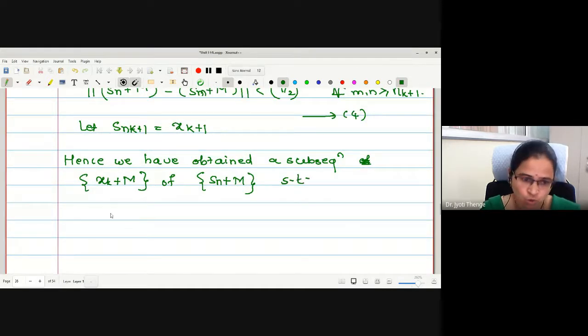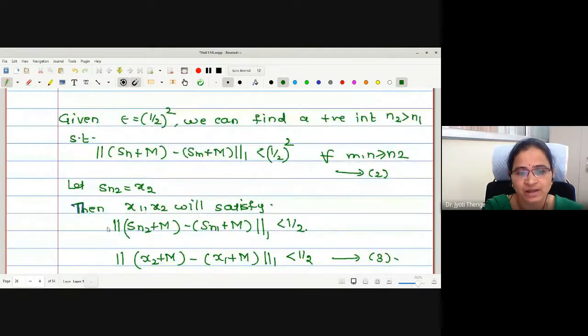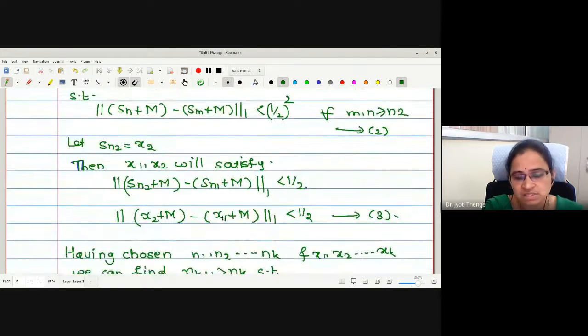the norm of xk plus 1 plus m minus xk plus m is less than norm 1. From this, can you tell me a value? X2 plus m minus x1 plus m is less than half.